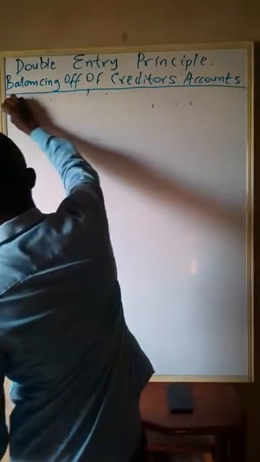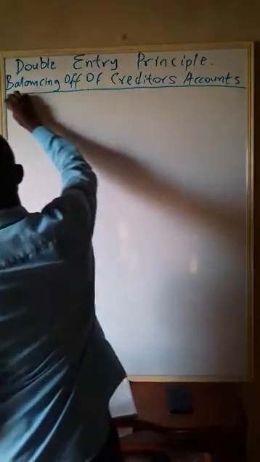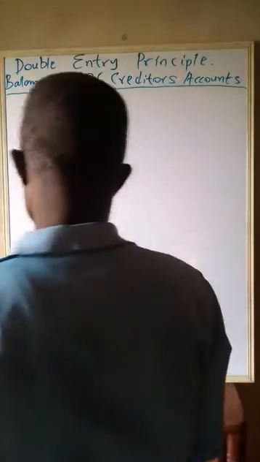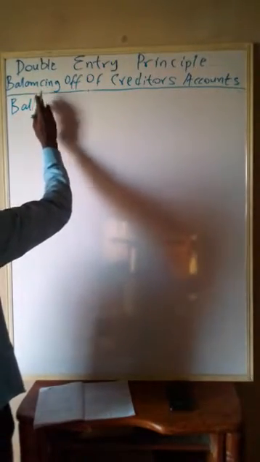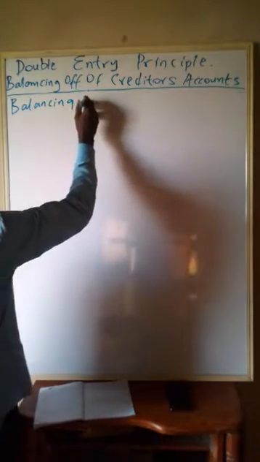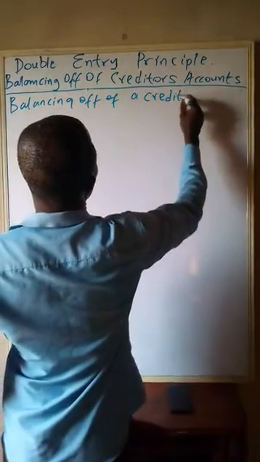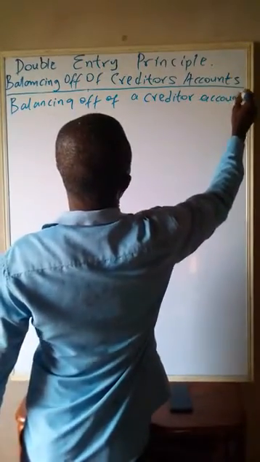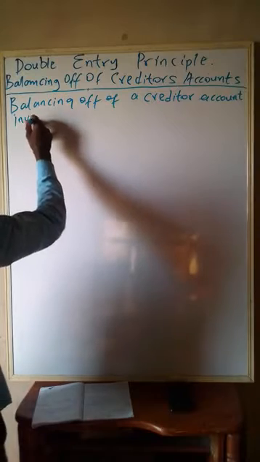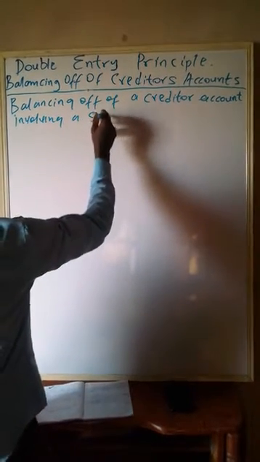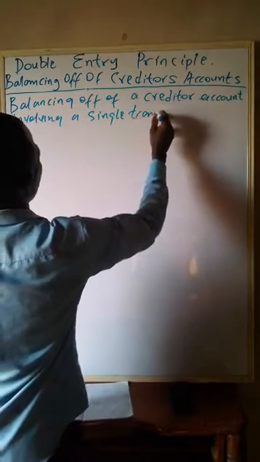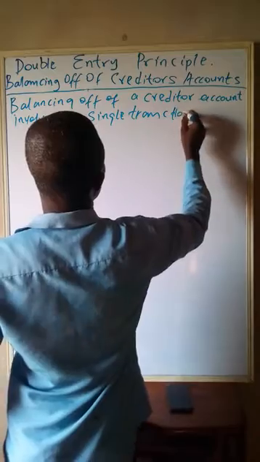Then we go to number 2. Number 2 says balancing of a creditor's account involving a single transaction.